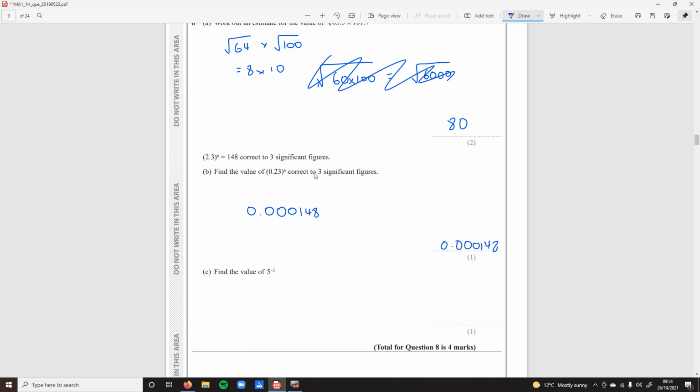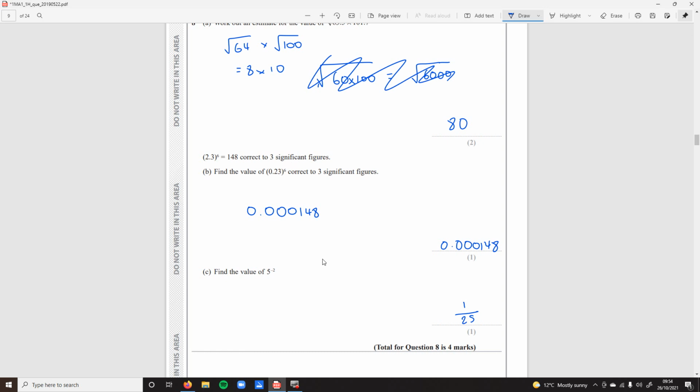Because if you're dividing by 10 but you've done that to the power of 6, so basically dividing by 10 6 times. So yes, find the value of 5 to the power of minus 2. 1 over 25.